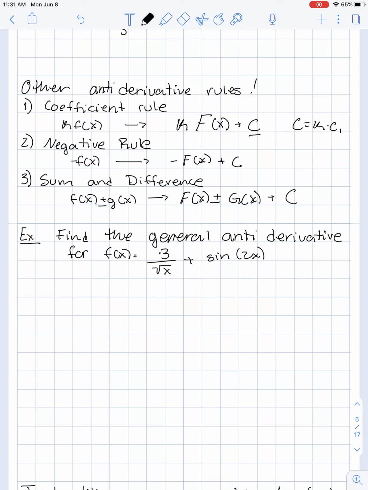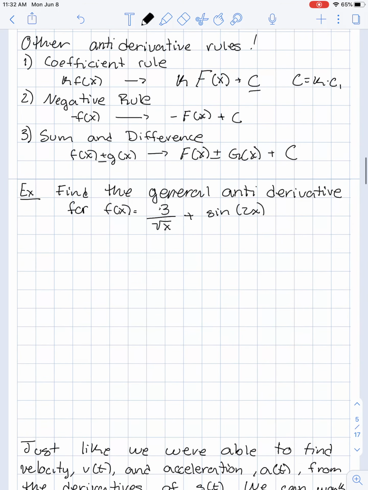So now we're going to find the general antiderivative for f of x equal to these two functions together. We can do a little example, all right? So let's rewrite little f of x so that taking the antiderivative will be a little easier. 3 divided by the square root of x, I can write that as 3 times x to the negative 1/2 plus sine of 2x.